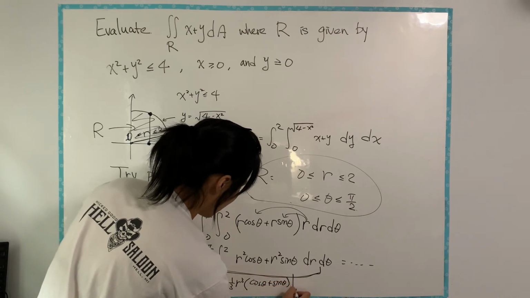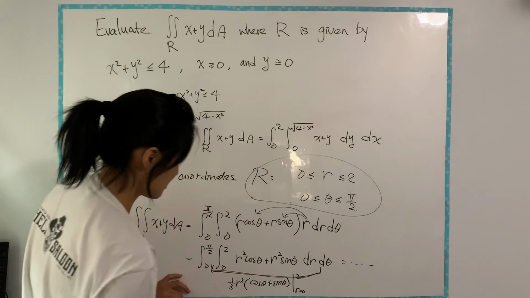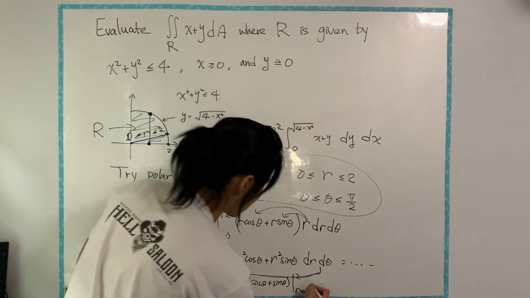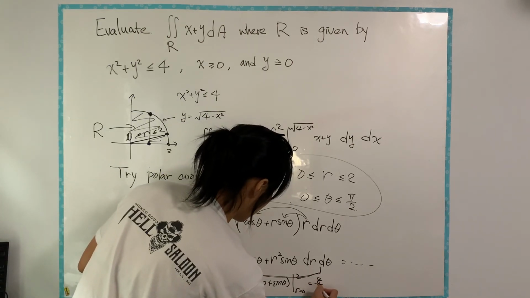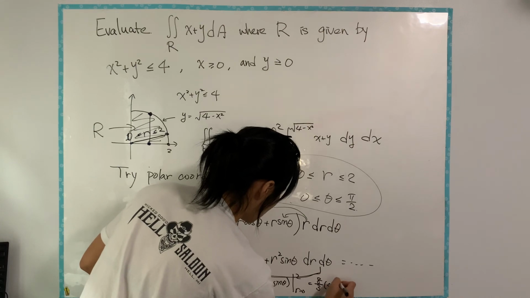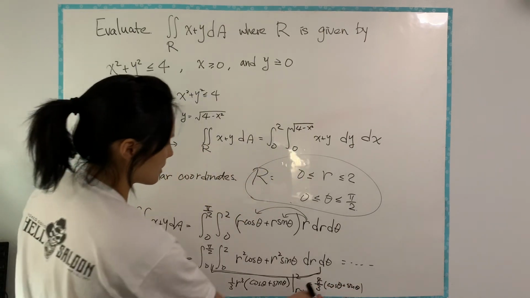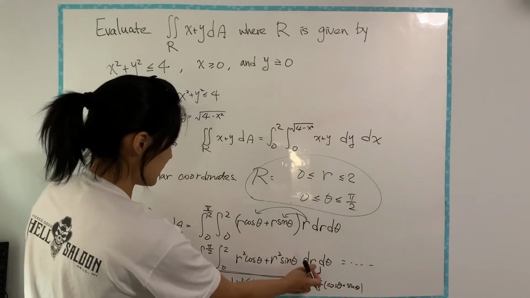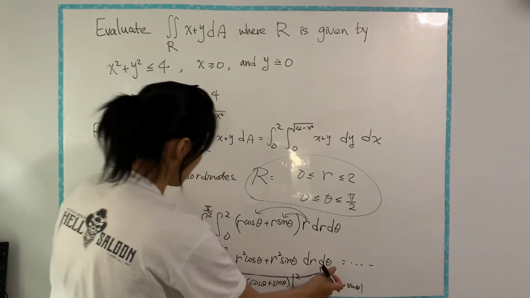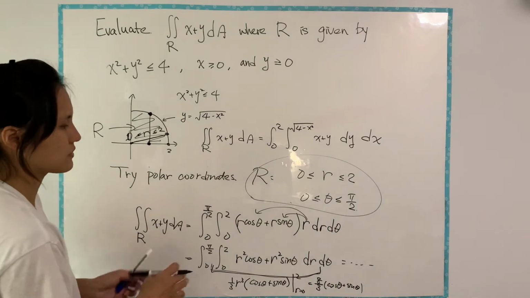Right? And r is from 0 to 2. So this gives me 8/3 cosine theta plus sine theta. Okay, so this is the result from the first layer, and then you use this for the second layer. So it should be very straightforward.